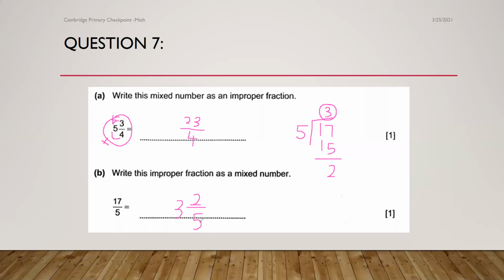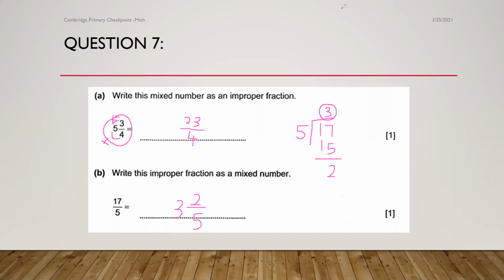Let me check that. 5 times 3, 15. 15 plus 2, 17. Yes, I'm getting 17 as the numerator and the denominator as 5, right? So that is how we convert mixed numbers to improper fractions and improper fractions to the mixed numbers, right?